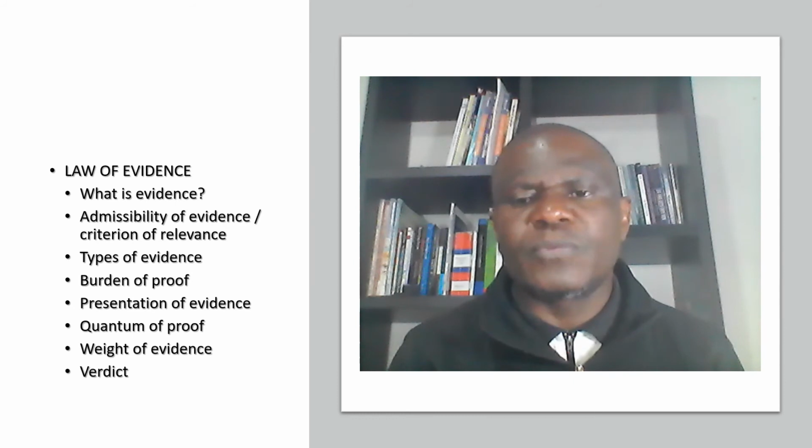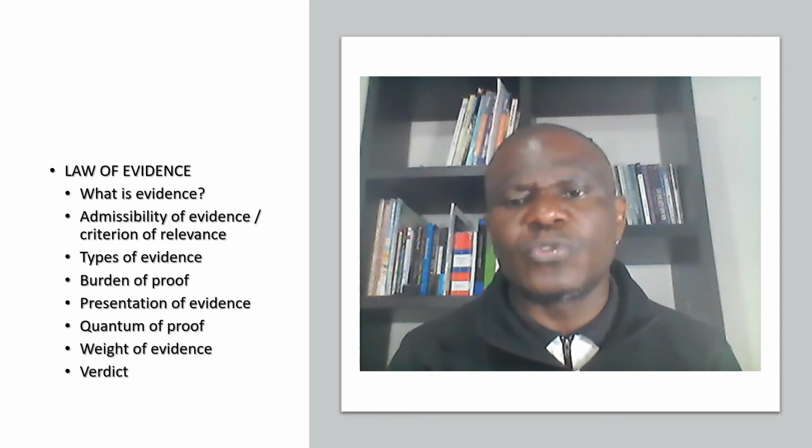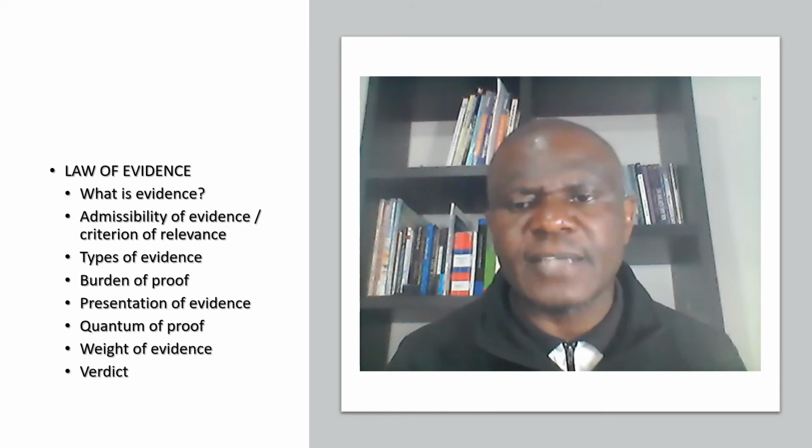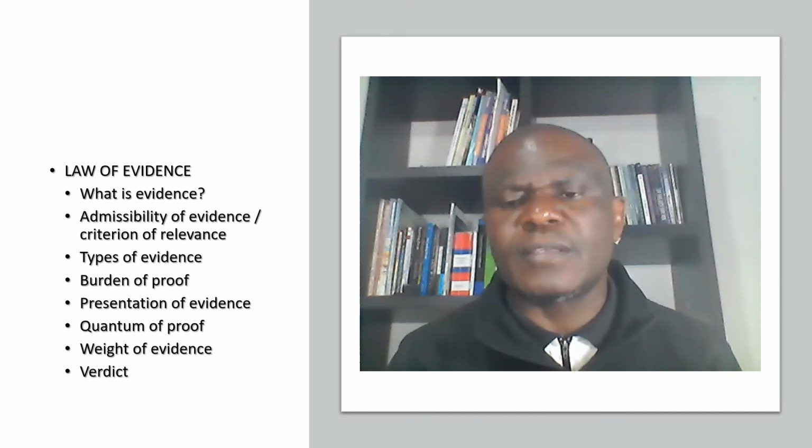So we are looking here at the rules of evidence, which go hand in hand with the rules of procedure. So you find that in the court process, the rules of evidence and the rules of civil procedure operate side by side, as we are seeking to implement the principles of substantive law.